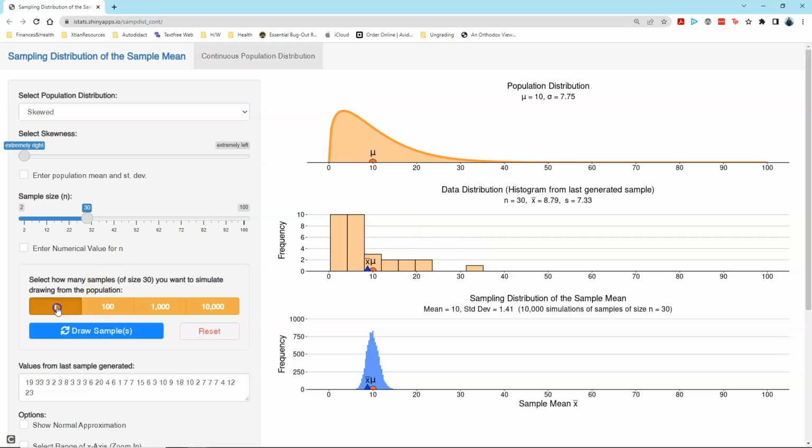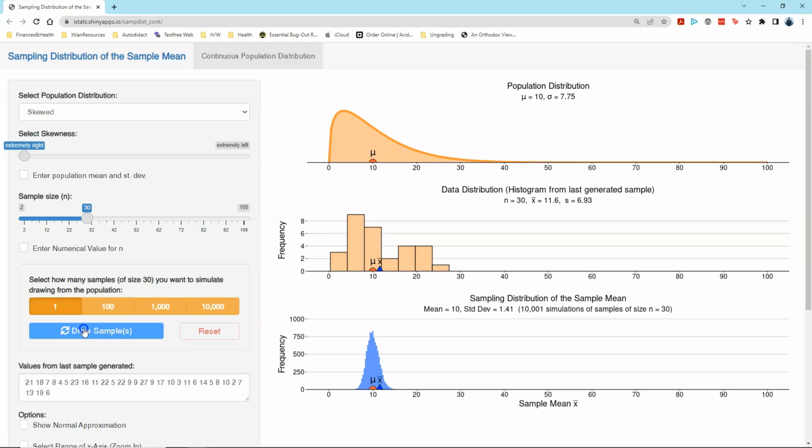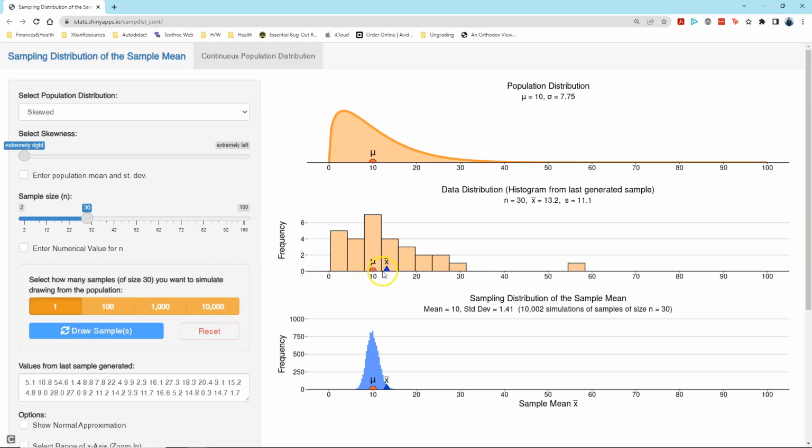Let's draw a couple of samples of size 1 to see if we can have a case where there is an outlier. There we go. Here's a case where we have a sample mean of 13. And if I go up 3 standard deviations above that, that would be 33, and 33 plus 13 is 46. This particular value is way above that.